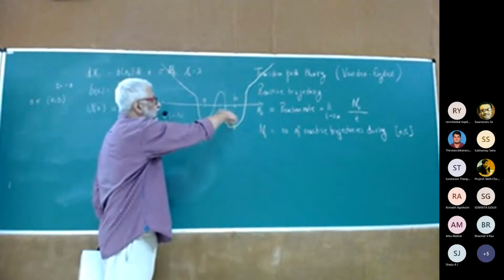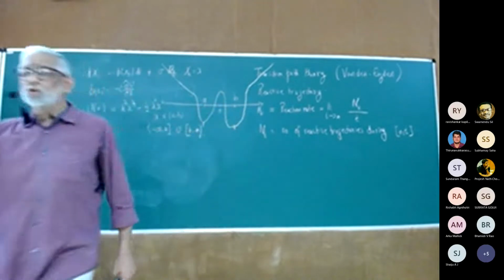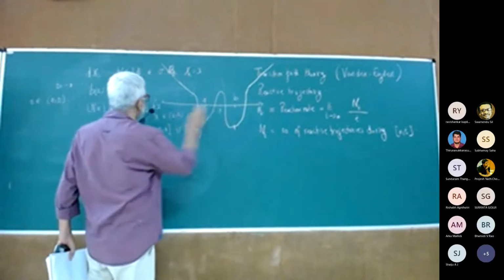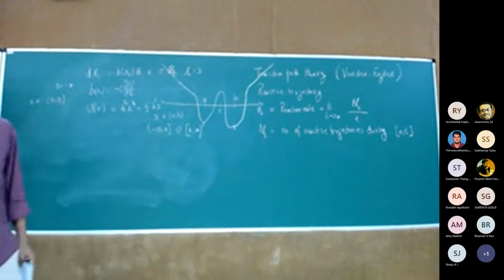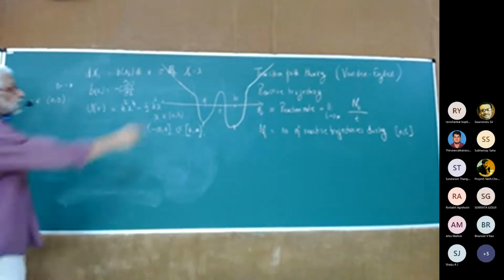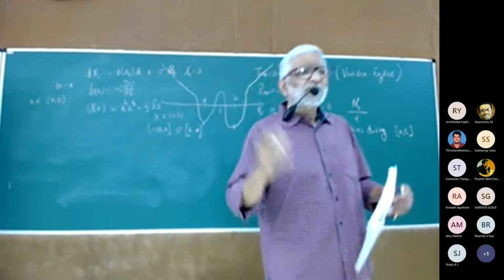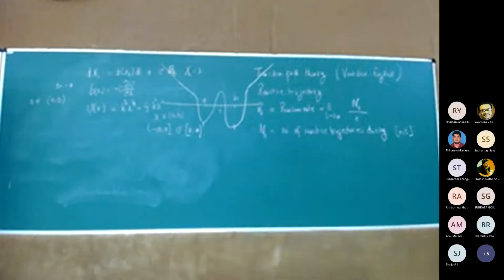The particle is trying to cross over from A to B. In between, from A to B, the potential is like this. And beyond this, we can choose what we want. It's not relevant to the reaction.